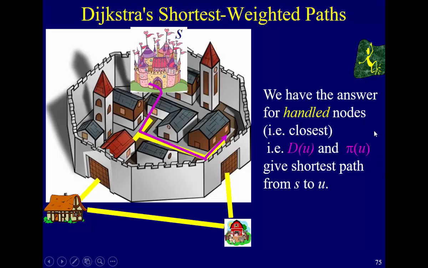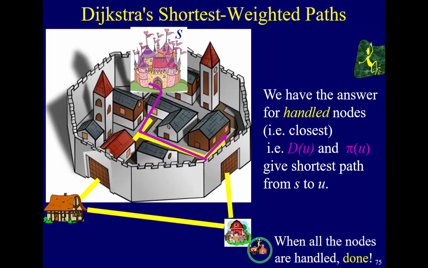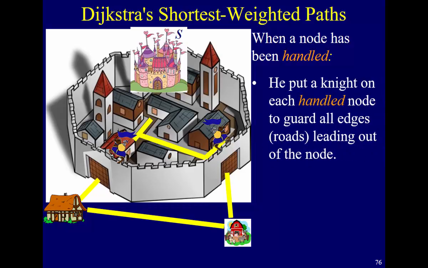And if you follow the pi's, it will go through all handled nodes and get back to the castle. All right? Does that make sense? That's our loop invariant. Right? So certainly, what's our exit condition? Well, when we've handled all the nodes, then we're going to have the answer. So we'll be done. Right?